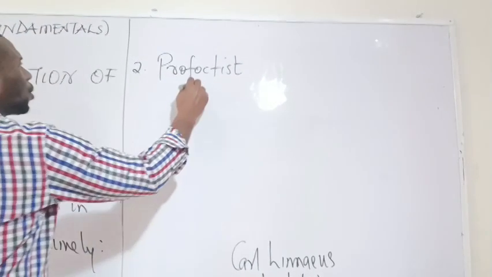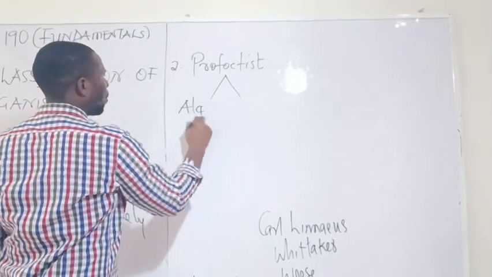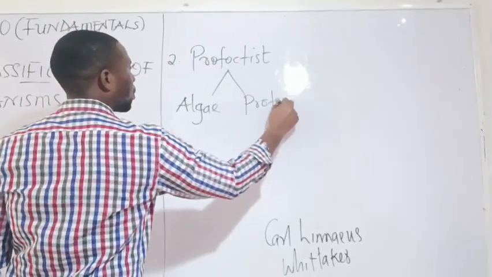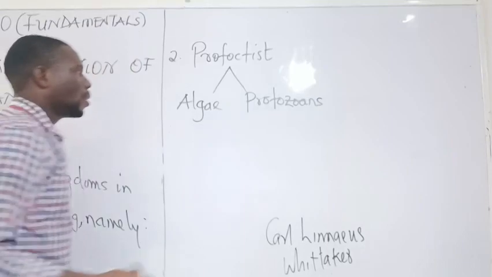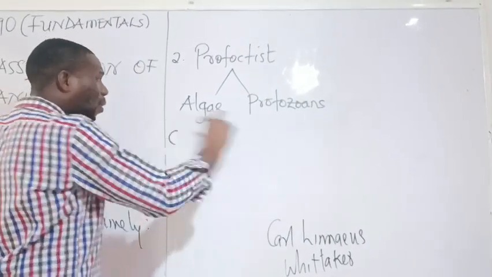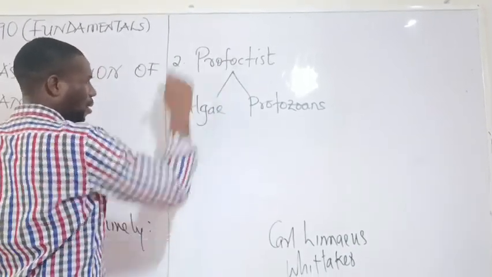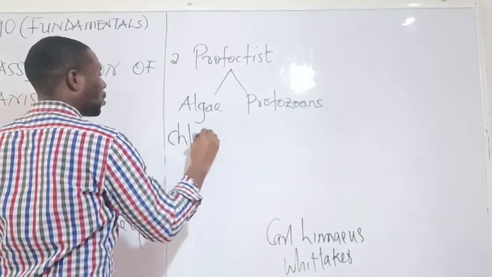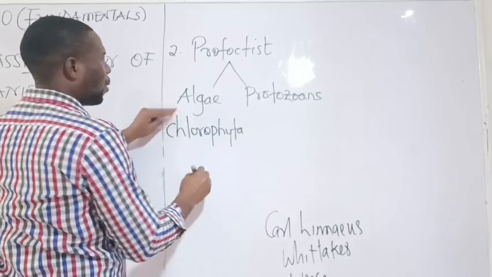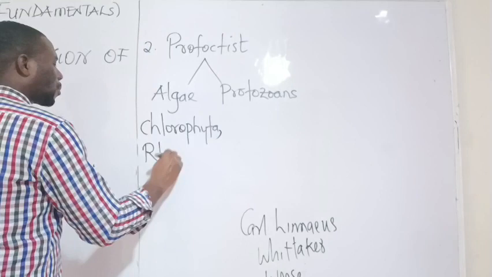Now, in this Protoctist kingdom, there are two groups basically. We have the algae, and we have the protozoans. Under the algae, algae is just a general name for organisms in this kingdom belonging to the chlorophyta, the rhodophyta.